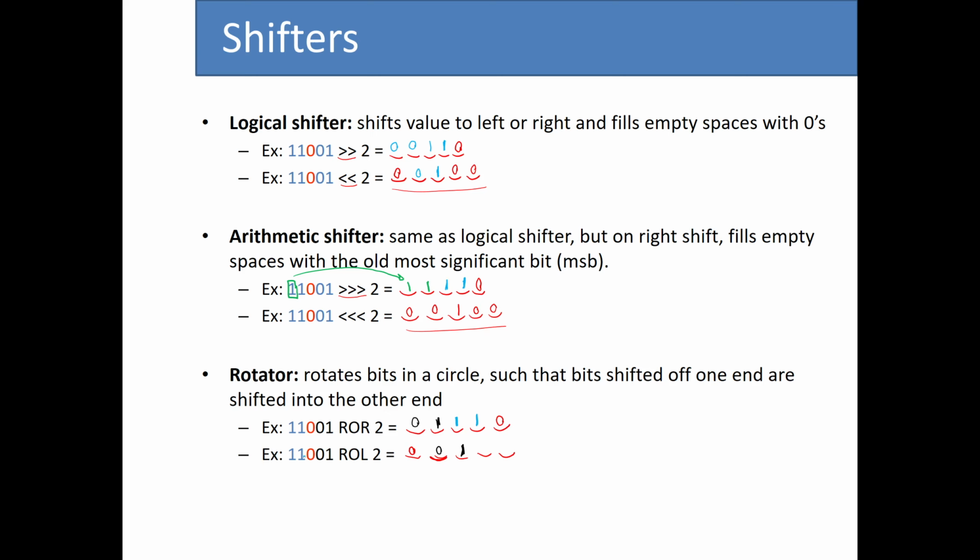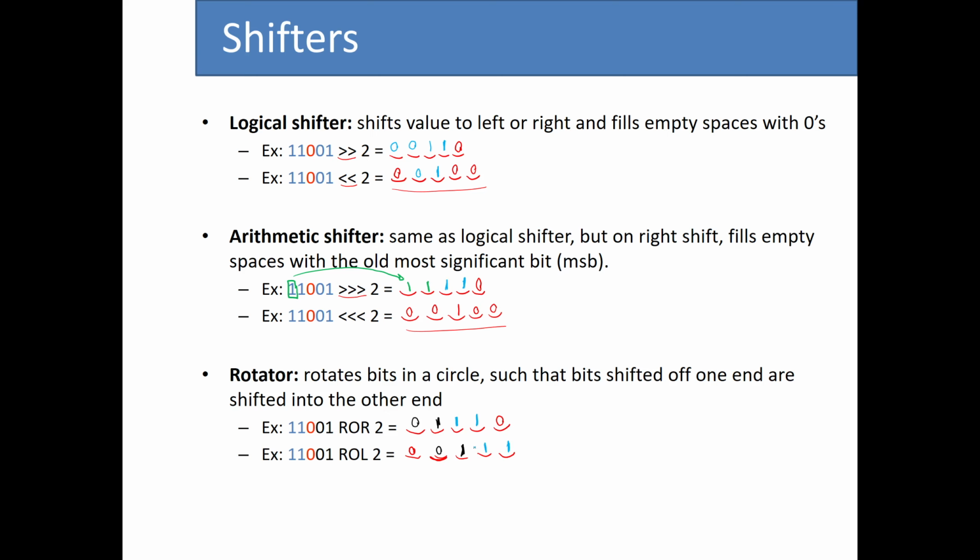This 1 rotated 2 places to the left will be first on the fifth bit, and then if you rotate it one more time, it will be on the first bit now. So it's going to be 1 here. And then finally this one, if you rotate it 2 places to the left, it's going to end up in bit 2.